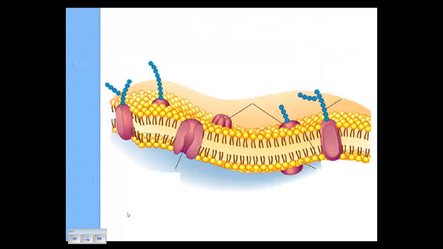Here's a better picture of the plasma membrane. This can be found on page 182 of your textbook. The pinkish reddish are the proteins. As you see, some of the proteins form channels or pumps, and these will help move materials across the cell membrane.